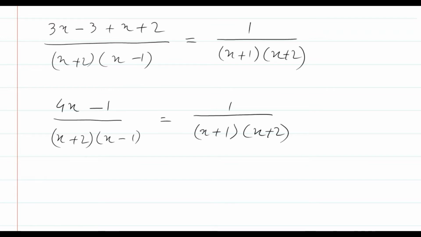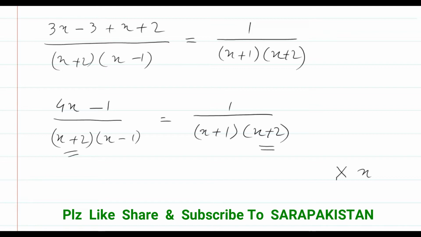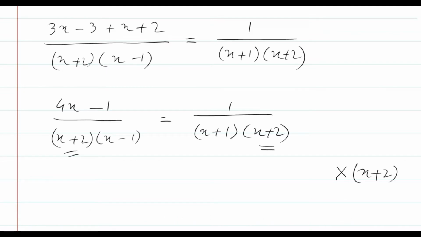Now you can eliminate this x plus 2 on both sides by multiplying x plus 2 on both sides. You will get 4x minus 1 over x minus 1 equals 1 over x plus 1.